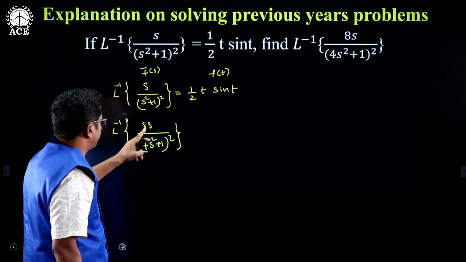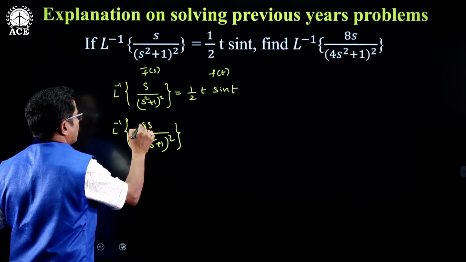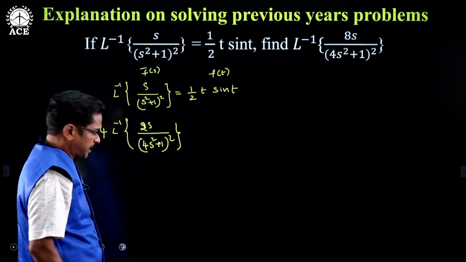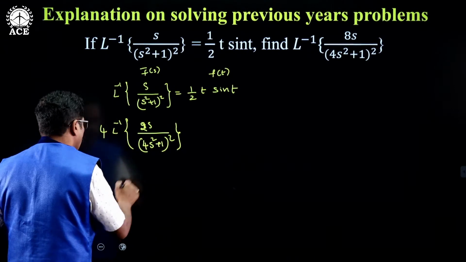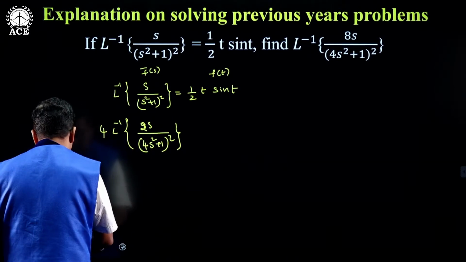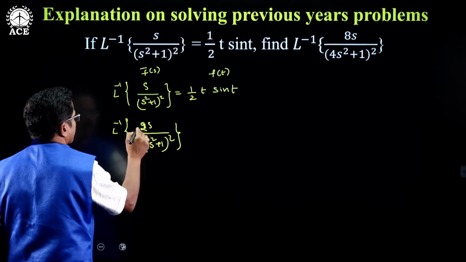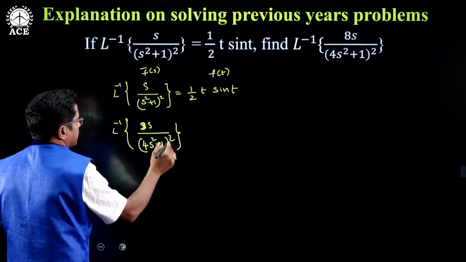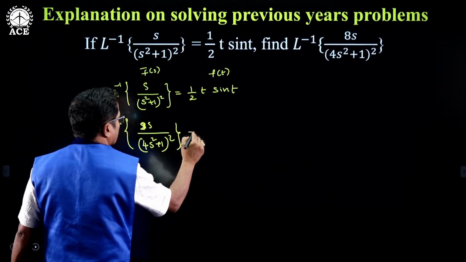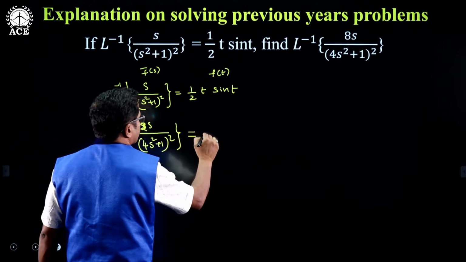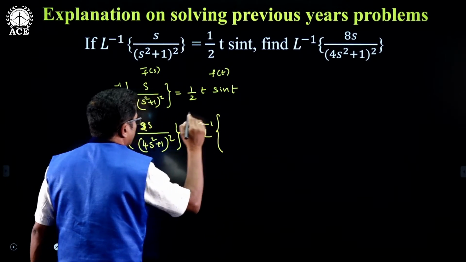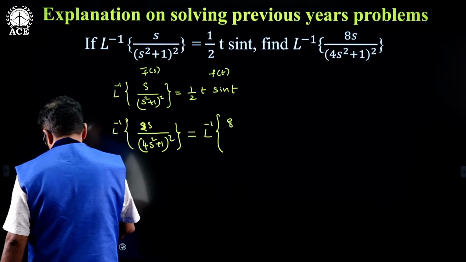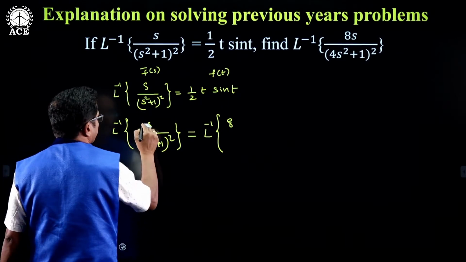From this 8s I am taking 4 common, then it becomes 2s.